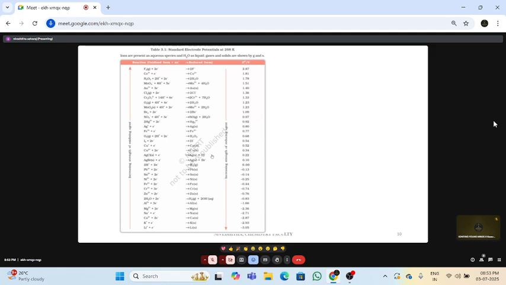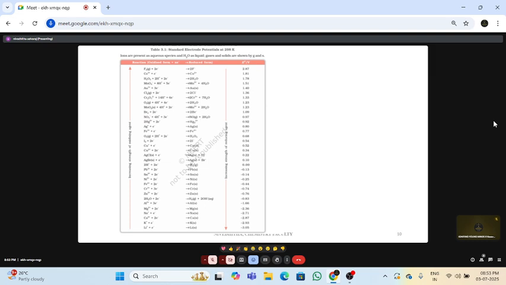Okay. Is the screen visible? See, we have a tabular column where we have connected the unknown metal with SHE, and we have measured the reduction potential of all the unknown metals or unknown elements.